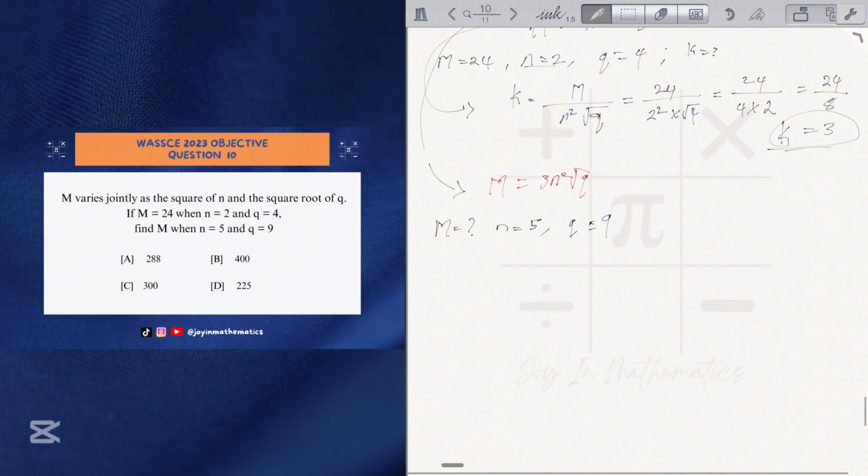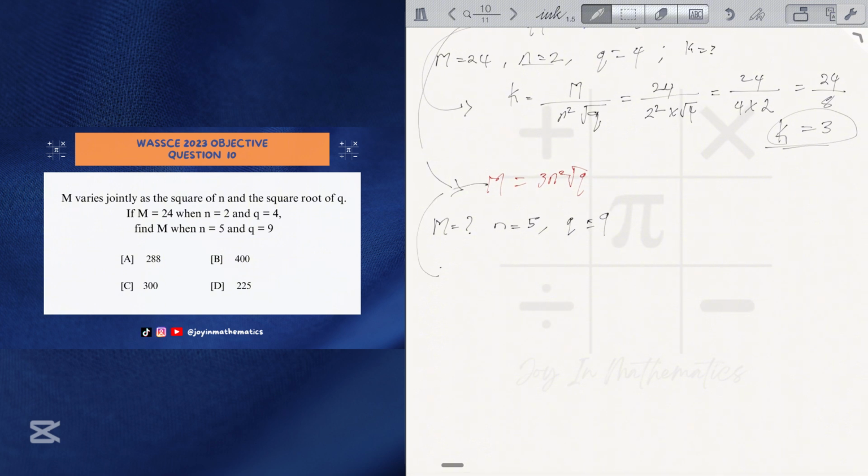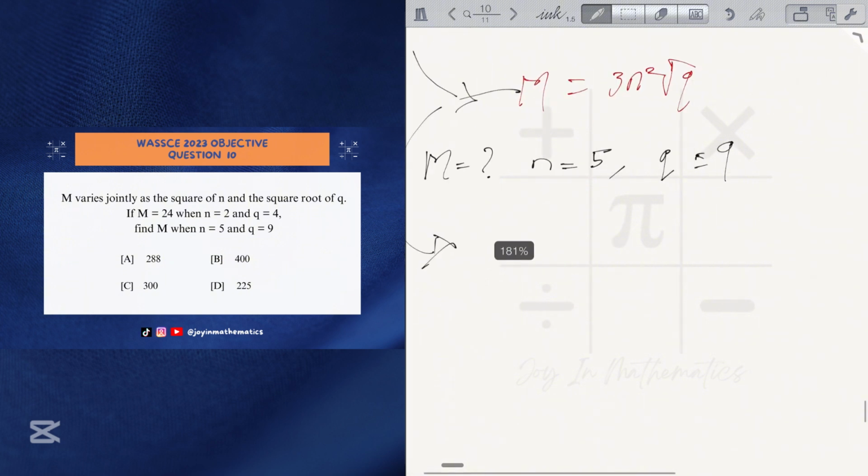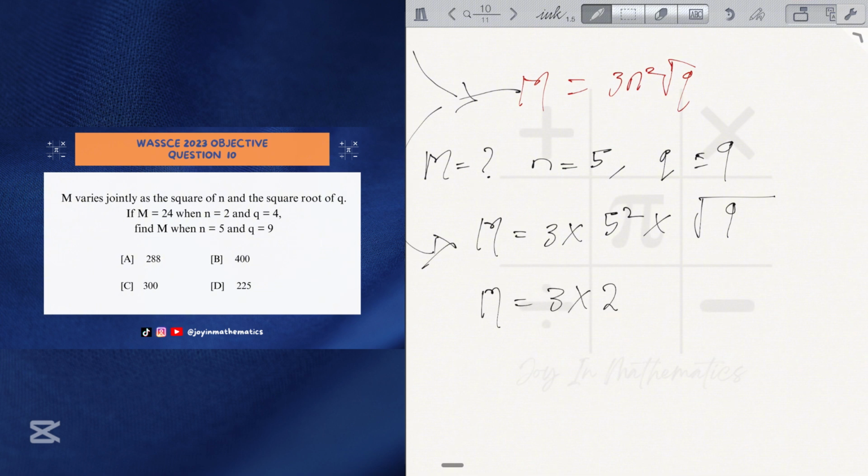With that, we can apply this formula and say m is equal to 3 multiplied by n squared. n is 5, that's 3 multiplied by 5 squared, multiplied by the root of q. The q is equal to 9, that's root of 9. So therefore, m is equal to 3 multiplied by 25 multiplied by root of 9, that's 3.